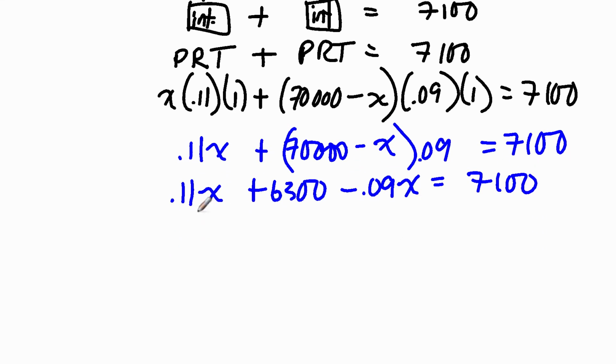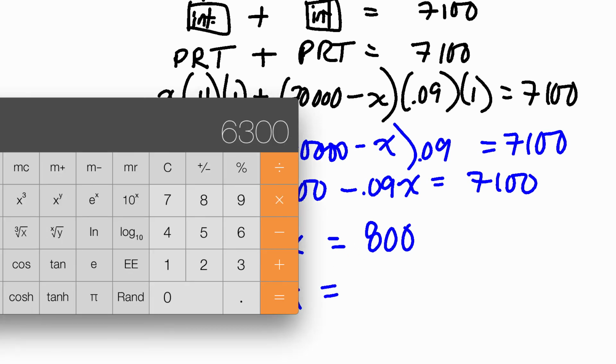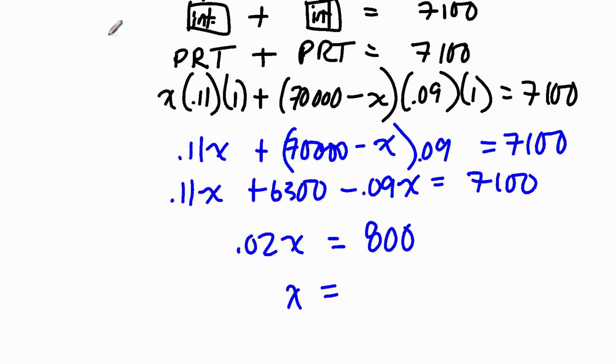Okay, gather my x's, so that'll be 0.02x. And then the 6,300 I'm going to subtract on each side. So 7,100 minus 6,300, that is 800. And then divide both sides by 0.02. I don't know what that one is. Probably 40,000 or something. 800 divided by 0.02, 40,000, yeah.